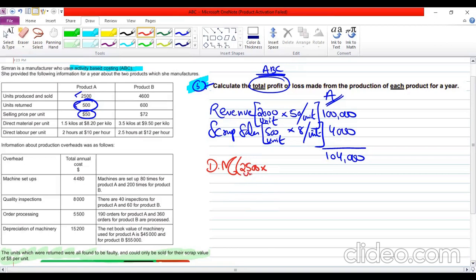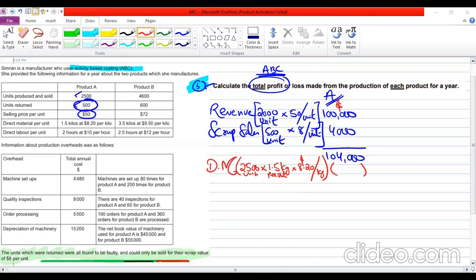Am I right? 2,500 units needs 1.5 kgs per unit. That's going to give me the number of kgs. But I need the dollar here. So what is the rate? 8.20 is the rate per kg. So that's how much material I am going to spend to produce 2,500 units.